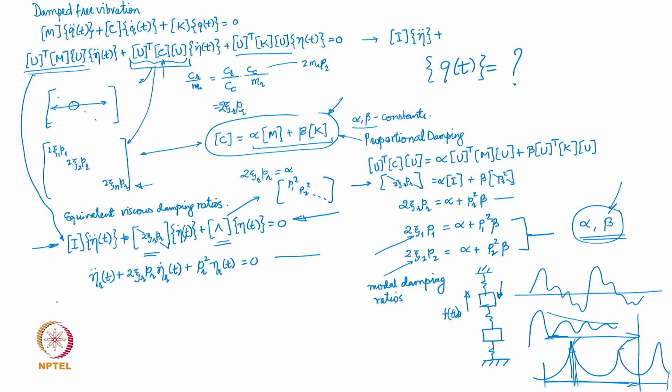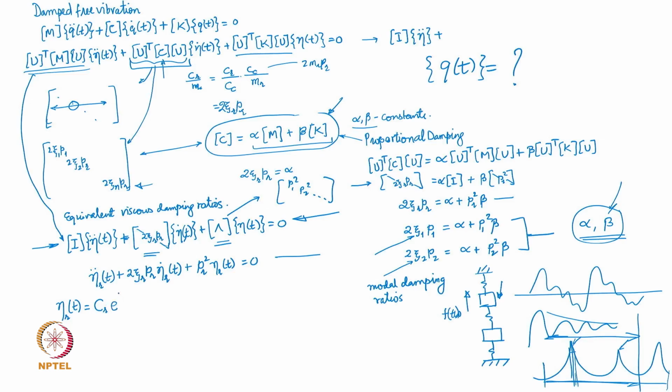What is the response? The general solution of this governing equation of motion. How do you write that? We wrote this as some coefficient, capital X we used to write, right, for a single degree of freedom system.